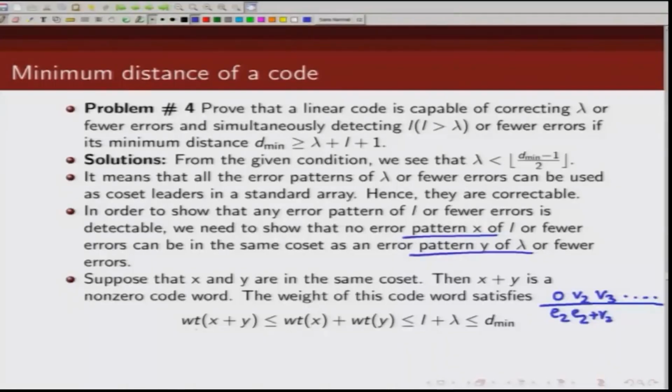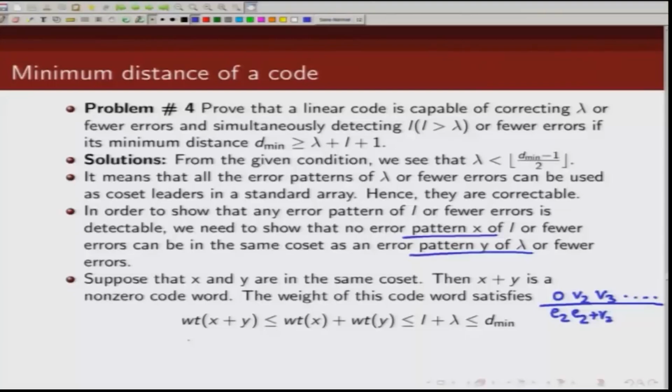So, weight of x plus y is then less than d min. So, what we have shown is that x plus y should have been a code word if they are in the same coset. If x and y are in the same coset, x plus y is a valid non-zero code word.